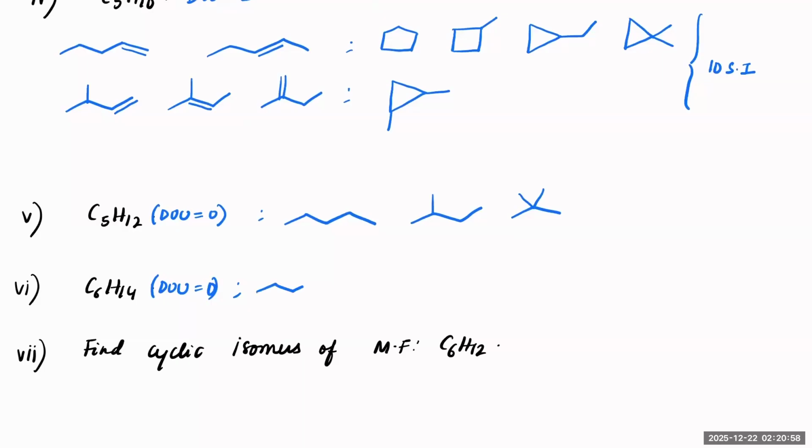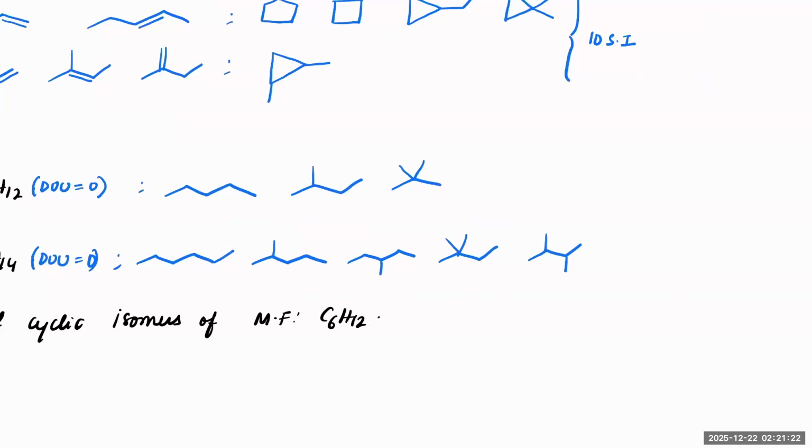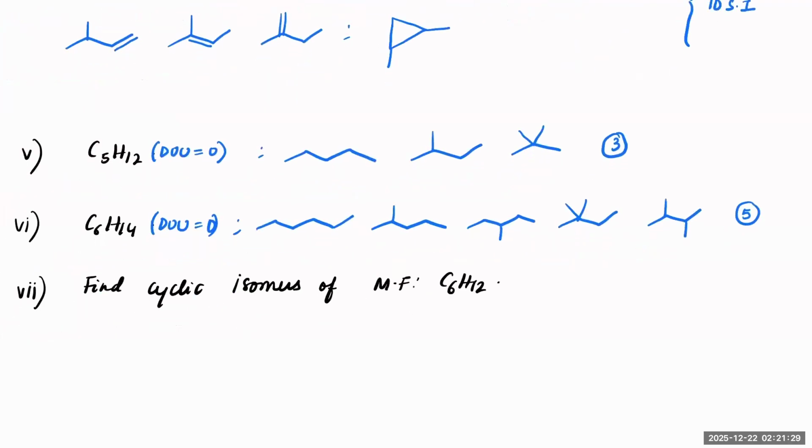In that case, I can have a 1, 2, 3, 4, 5, 6 straight chain, and with one branch, keep moving the position of that branch, then make two branches and keep moving the position of the two branches. Correct. So these three are the possibilities. So how many did we get? 5 of them. So in this case we got 5. Here we got only 3. These are the numbers of isomers.